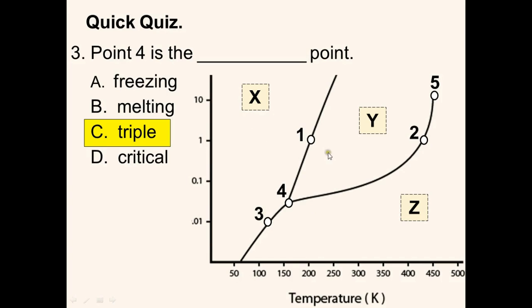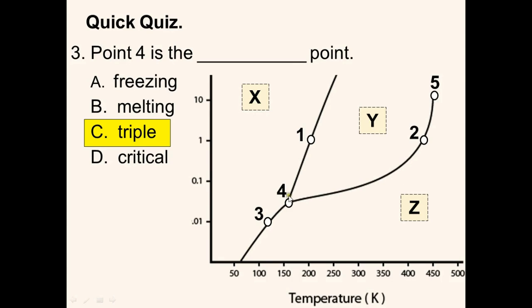And then also know the 3 regions: solid, liquid, gas. Know these 3 lines. So this is the solid-gas equilibrium line, the solid-liquid equilibrium line right here, the liquid-gas equilibrium line here, and know what kind of points these are. Between solid and liquid, it's melting and freezing. Between liquid and gas, it's boiling and condensation.